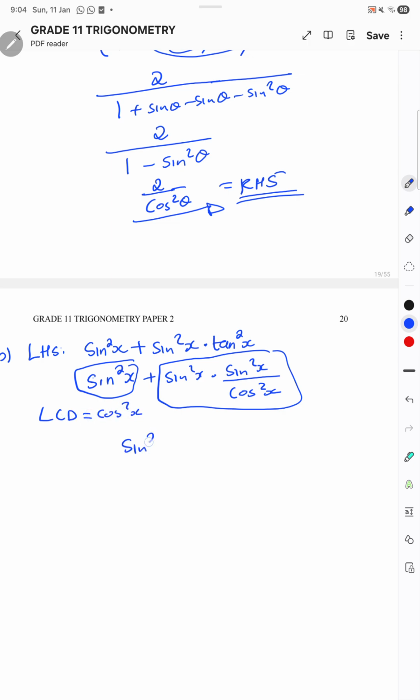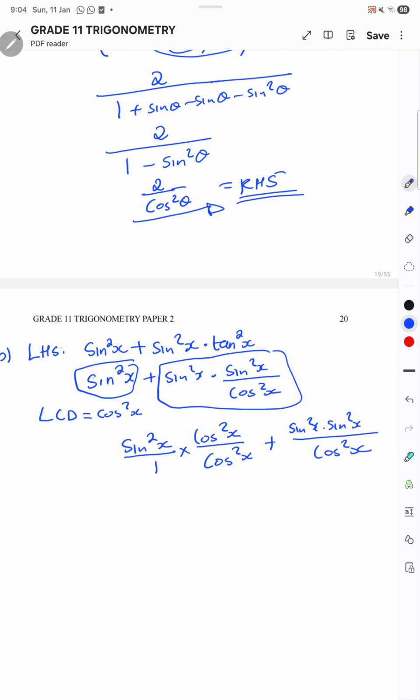So I'm having sine squared x over 1. I'll multiply that by cos squared x over cos squared x, plus. This side already has the cos squared x, so I don't need to do anything to it. I can just multiply. You have sine squared x times sine squared x over cos squared x.